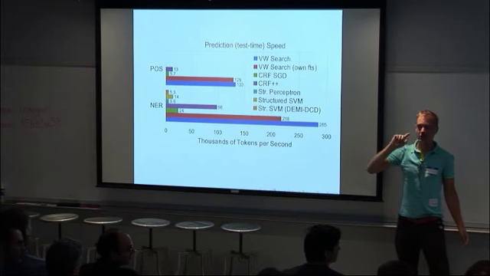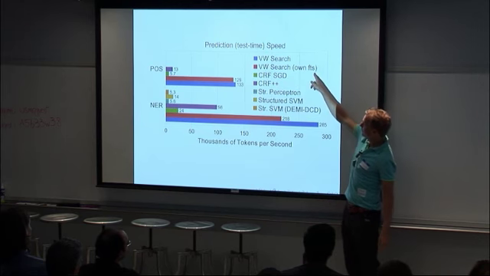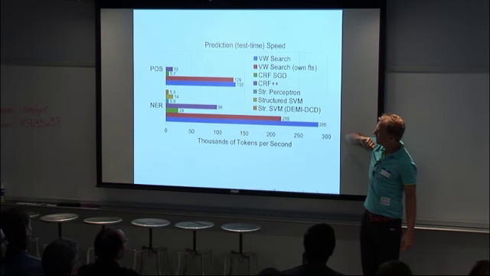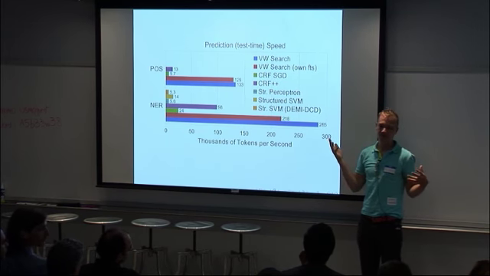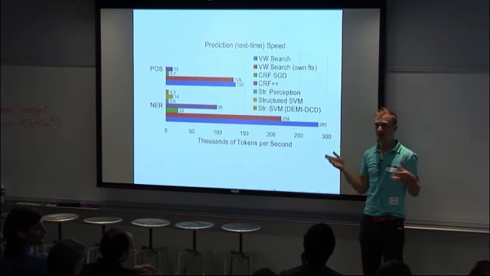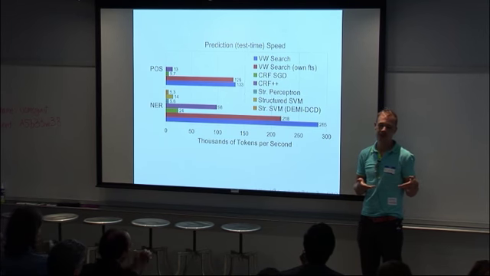Yeah. What is own features? So the question is, what is own features? Basically, we were trying to make the comparison fair by giving every system exactly the same feature set. VW also has the ability to compute internally some features that would be specified in the file.